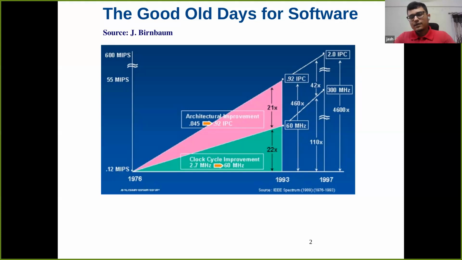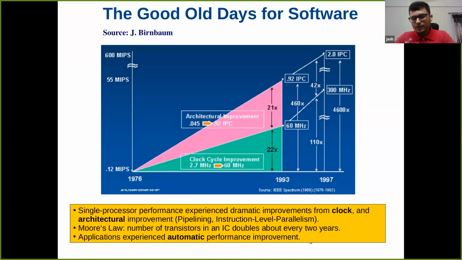All these things were leading to automatic performance improvement, because it was coming from the hardware level itself. As a software developer, you didn't need to write an efficient program. You could just wait a few years, and your program would automatically start running faster because the hardware improved. So in summary, single processor performance experienced dramatic improvement from clock and architectural improvements.